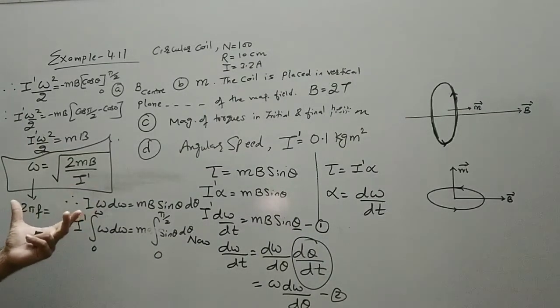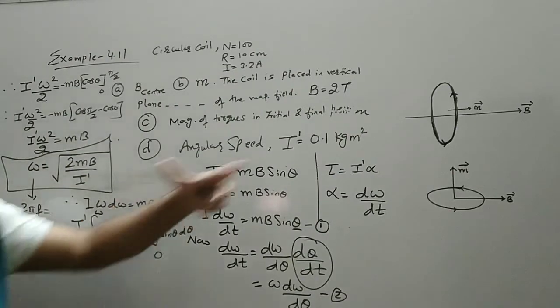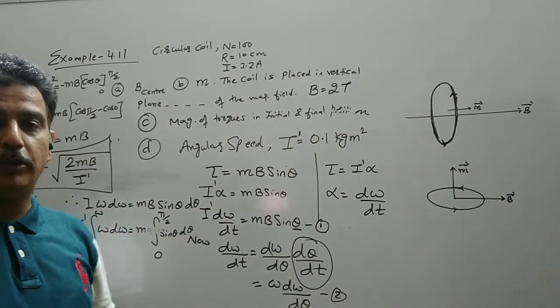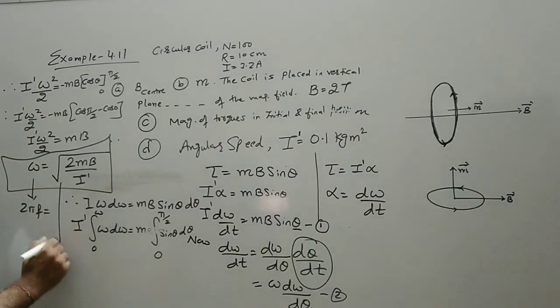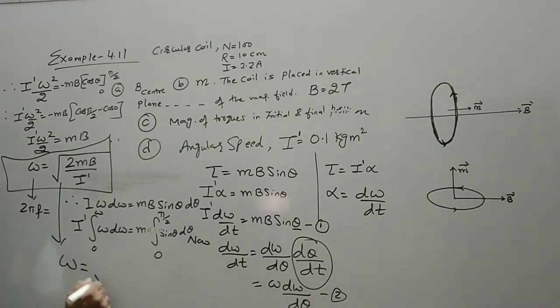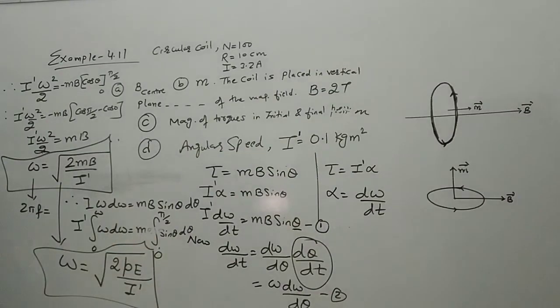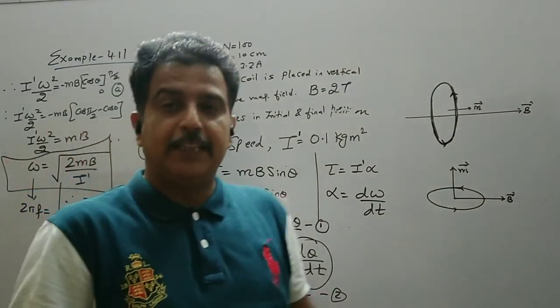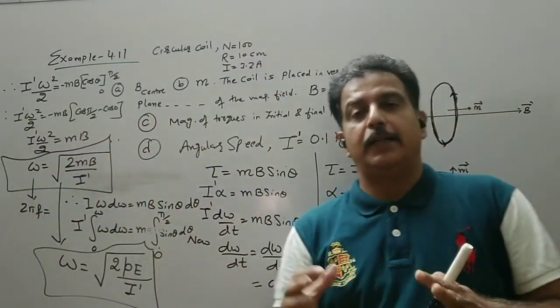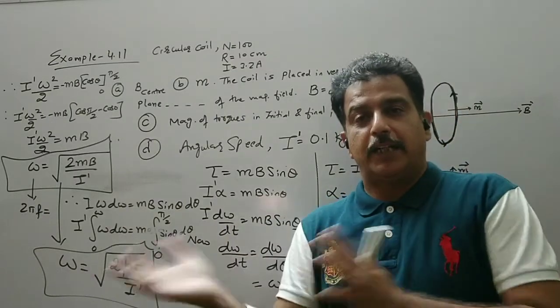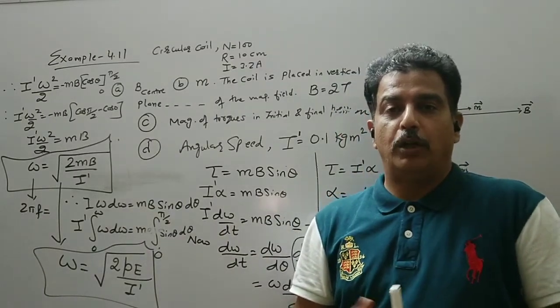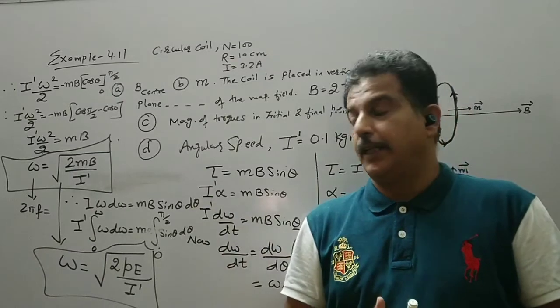Also you remember from the first chapter that if we have an electric dipole in a uniform electric field, then the same formula can be written as omega is equal to under root twice pE upon I, where I is the moment of inertia. So we have compared the electric dipole and the magnetic dipole in the previous topic.